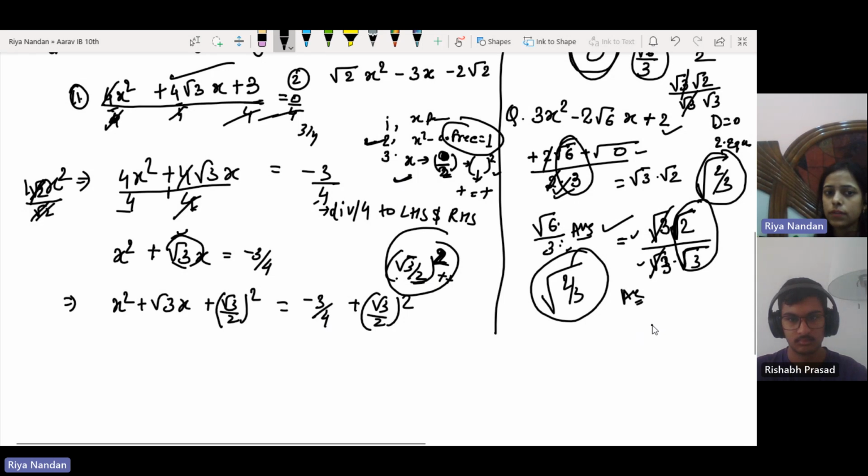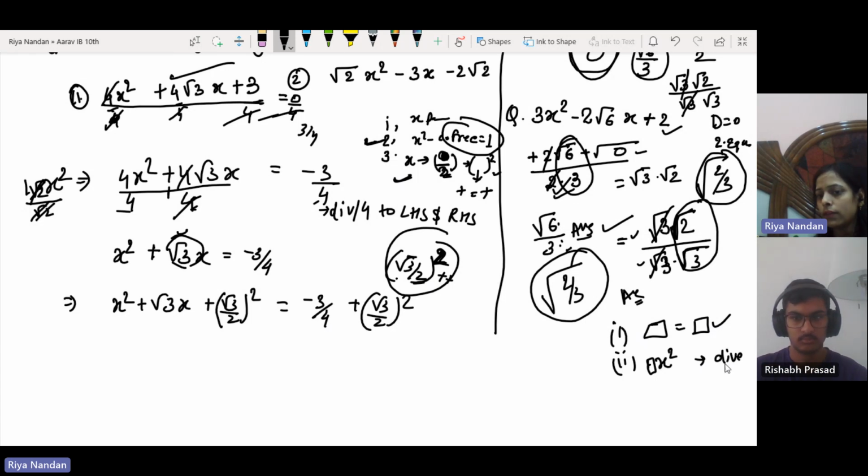First, we separate the x term equal to the constant term, right? What is the second step? We make x square with a coefficient of one, right? So in this step we have to divide with the same number.